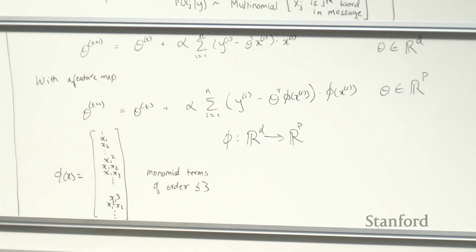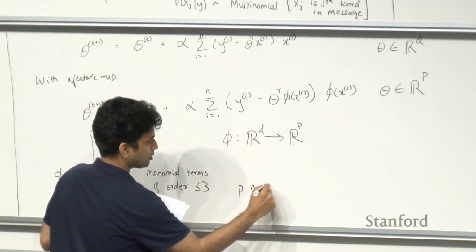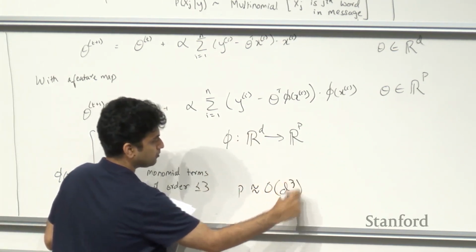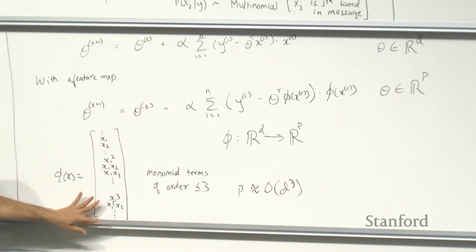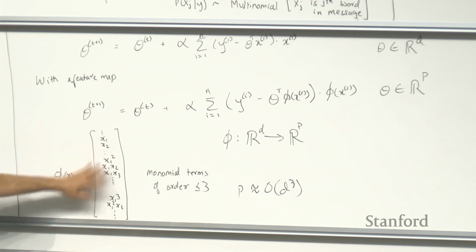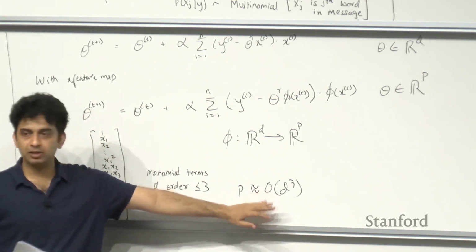Now what we see is that the dimension of the feature vector, p, will be approximately order d cube. It's going to be cubic for all the third order terms, and some second order terms and first order terms, but overall the cubic term is going to dominate.